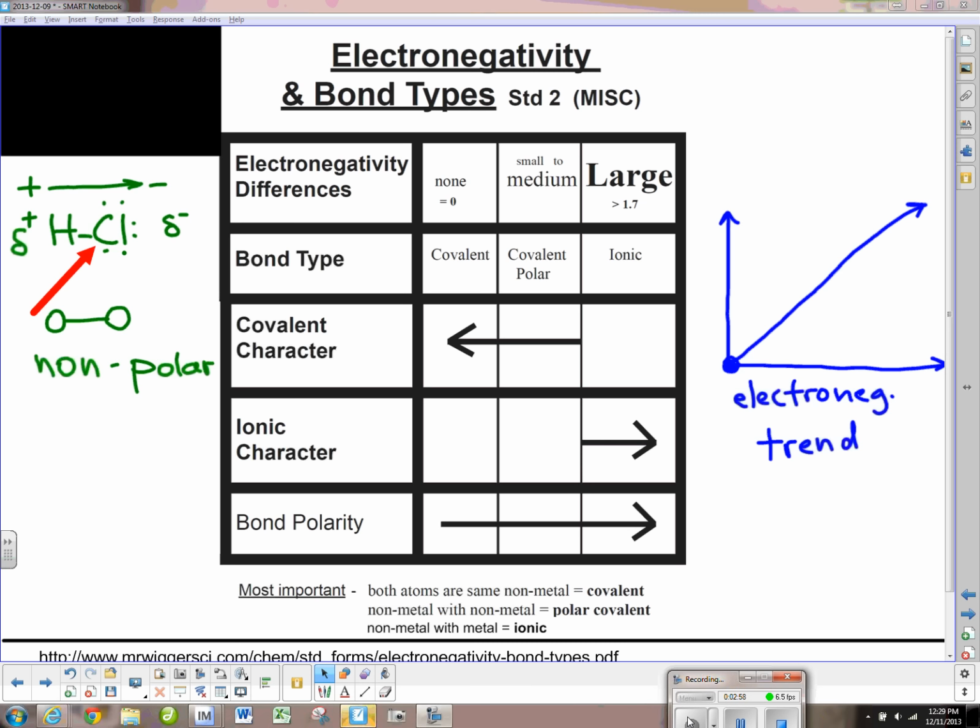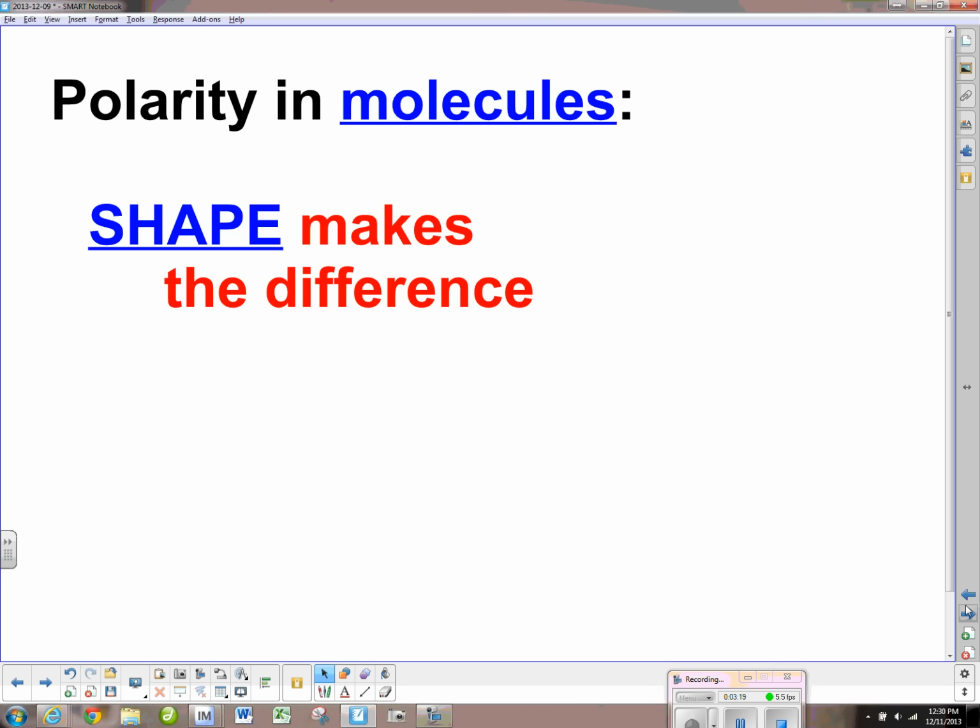And that'll be important later, but not immediately. So, understand that these symbols are the Greek letter delta, and it's what they use for what we call a partial charge. So, let's move on and see a couple of examples.